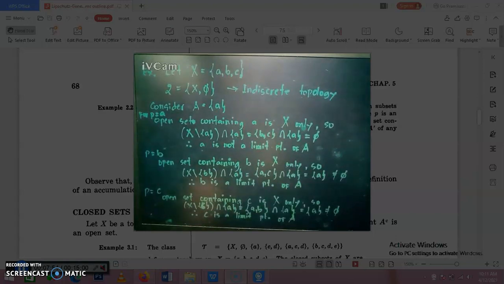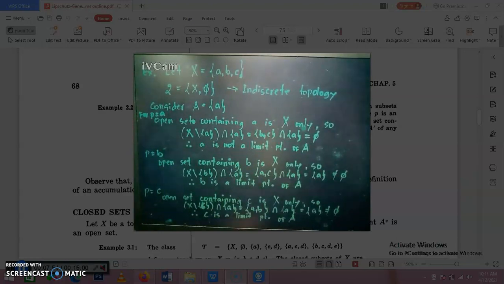Hello everyone. In this video, I'm going to discuss another example in finding the accumulation points of a given set to further illustrate the concept.